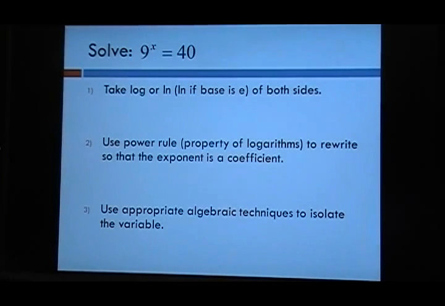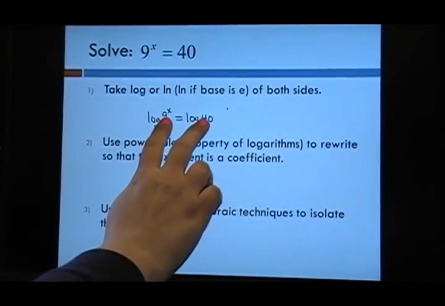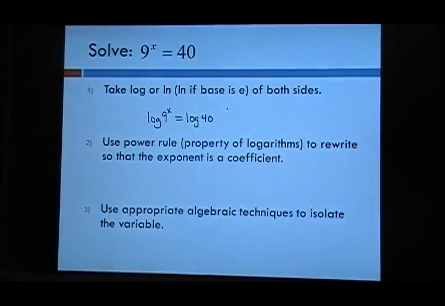So if we take the log of both sides, we say the log of 9 to the x must equal the log of 40. So we basically assign these as the arguments of logarithms. And we can do this based on the fact that logarithmic functions are one-to-one.